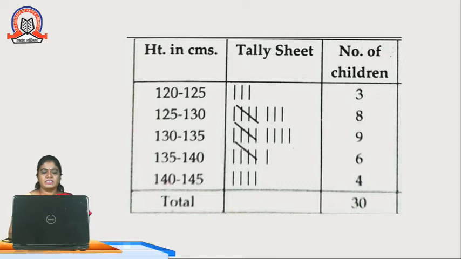And seeing the table given in the question, we make the tally marks. We are getting 120 to 125, 3, and 125 to 130. Here, using the procedure of exclusive type, 125 should be considered in 125 to 130 and 130 should be considered in 130 to 135 in class limits. So the total frequency is 30.